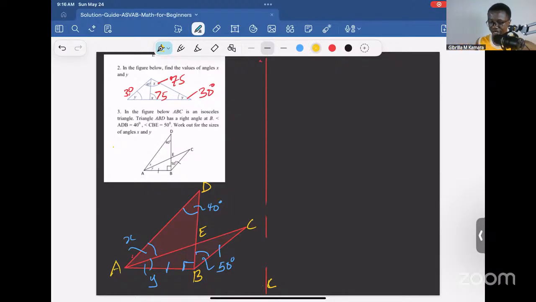This is very easy. Let's extract the triangle. That does not look like a triangle.